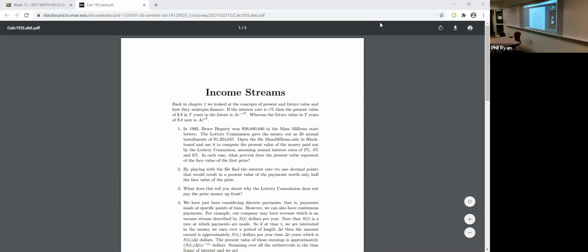When you win the lottery, you see the lottery with the big $1 million jackpots. Quite often you've got two options when you win the lottery. You can have a payout now of an amount.